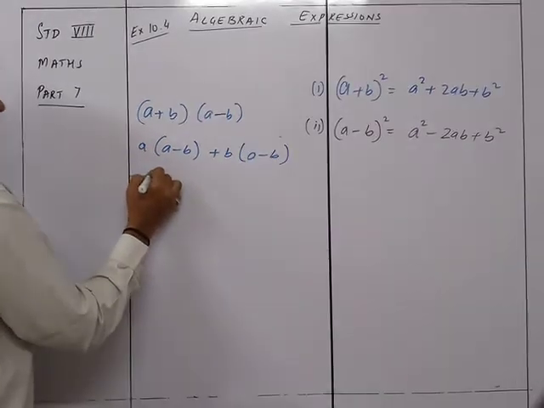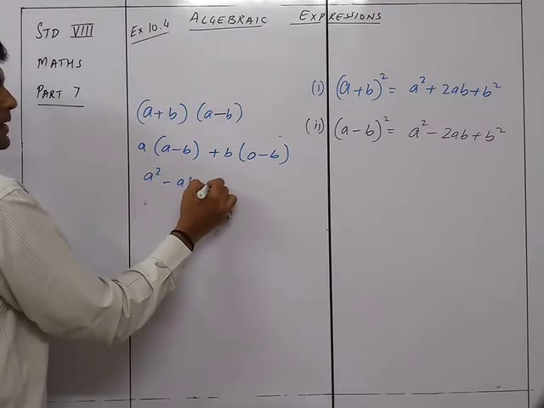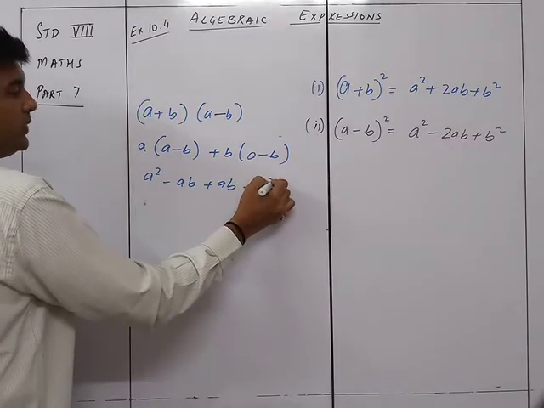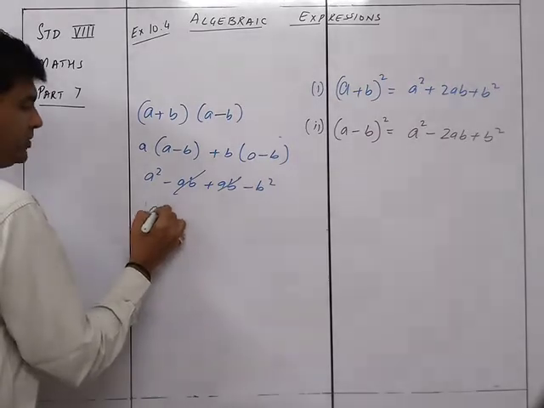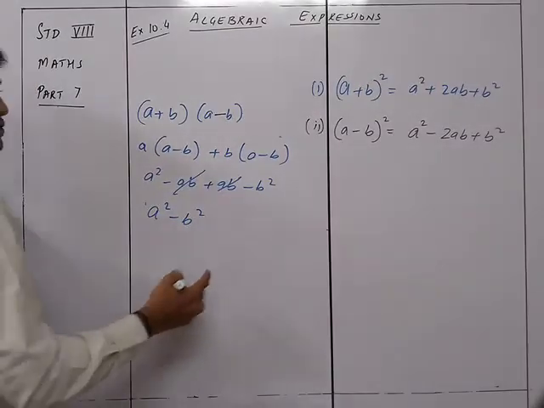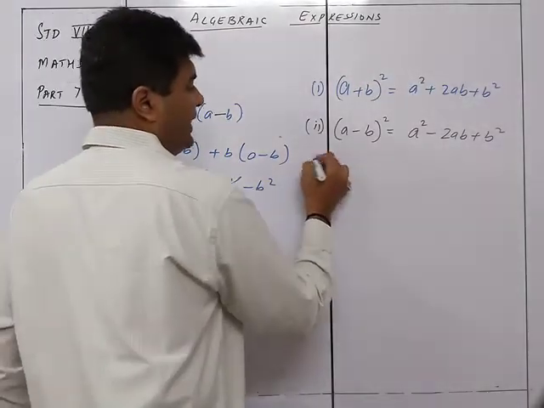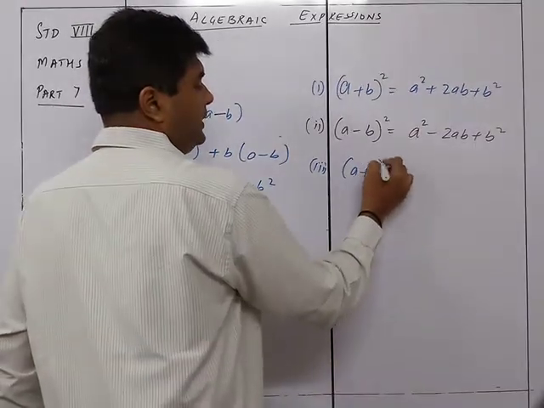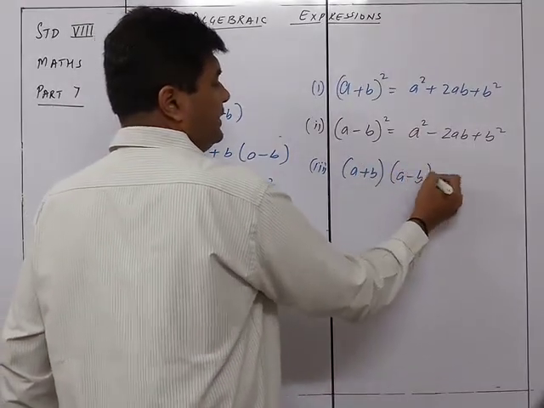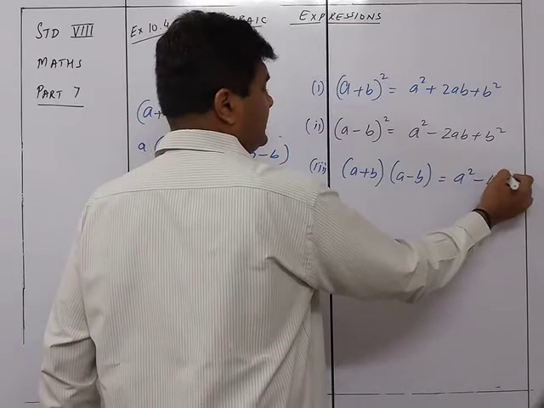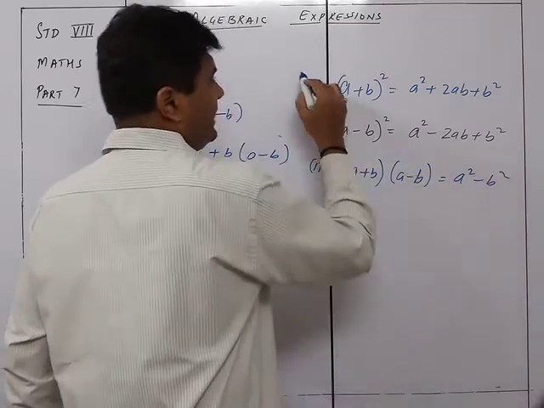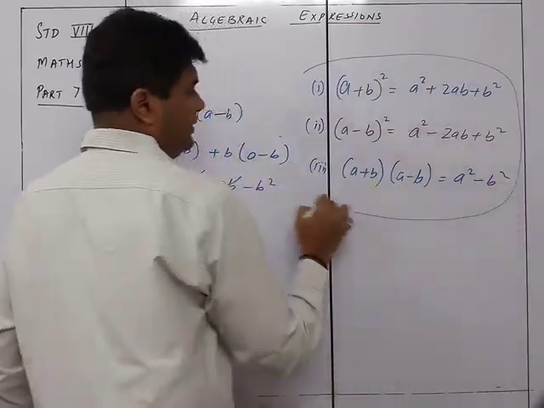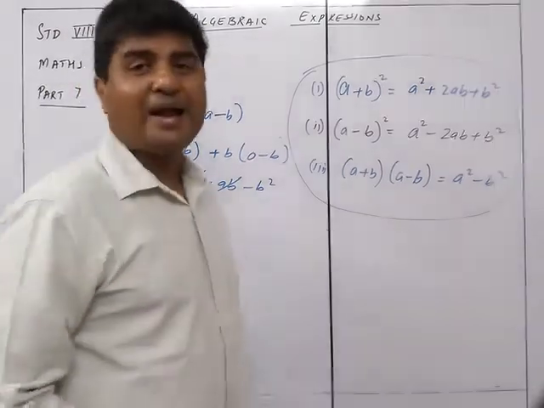So it will be a square minus ab plus ab minus b square. So this cancels. So it will be a square minus b square. So that's why we have the third formula as a plus b into a minus b is equal to a square minus b square. Now these three formulas which we are having are called algebraic identities.